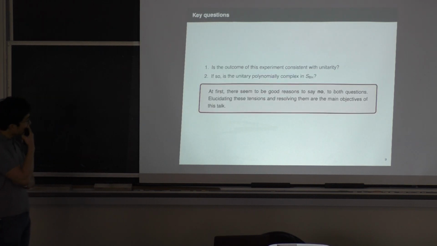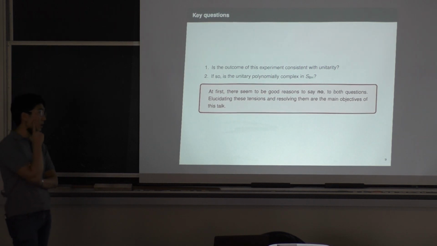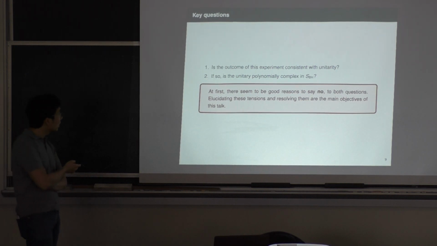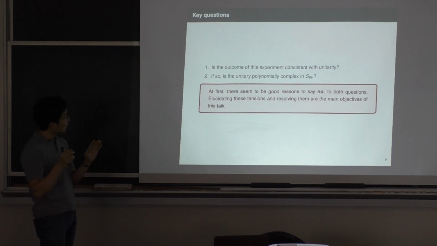There are two questions that we were worried about when we first looked at this proposal. One is whether the outcomes of this experiment are actually consistent with unitarity. And secondly, from the outside point of view, all we did was throw in some robot, and that really shouldn't change the complexity of the black hole operation in a significant way.